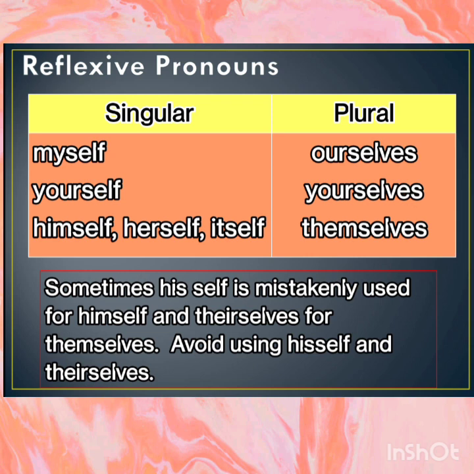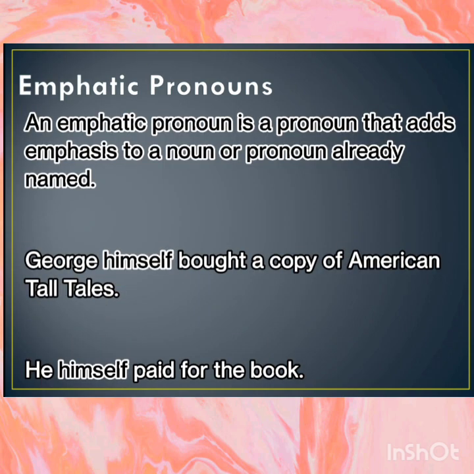Singular: myself, yourself, himself, herself, itself. Now if we talk about plural: ourselves, yourselves, themselves. Sometimes hisself is mistakenly used for himself and theirselves for themselves. Avoid using hisself and theirselves.